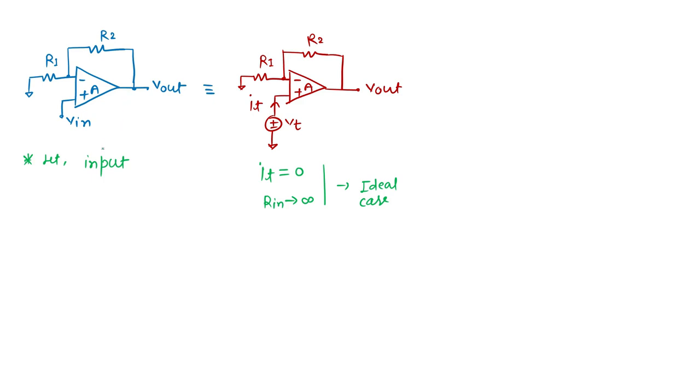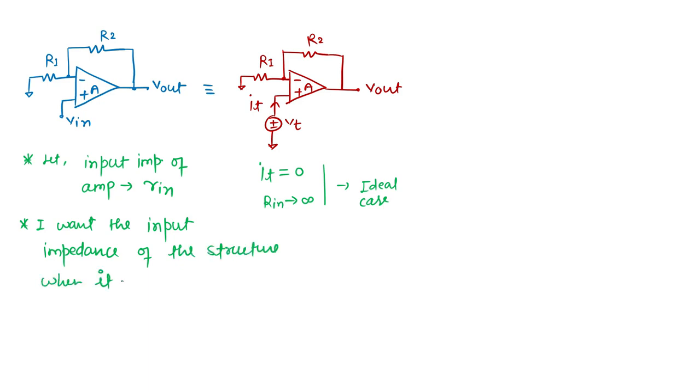Let the input impedance of the amplifier, if only that is given, be called the small rn, and I want the input impedance of this structure when the op amp or amplifier is used in negative feedback fashion.